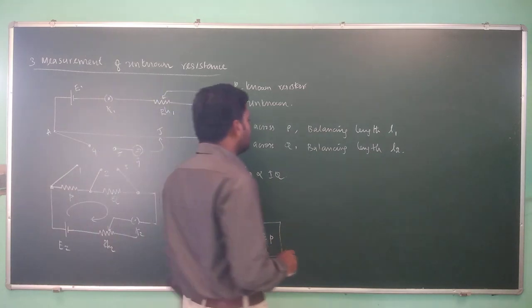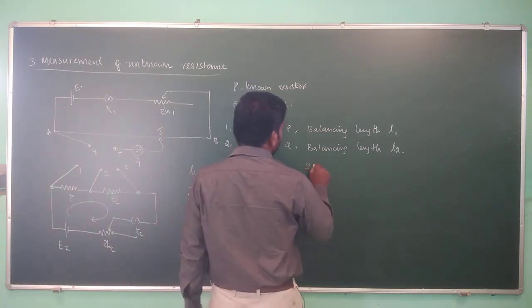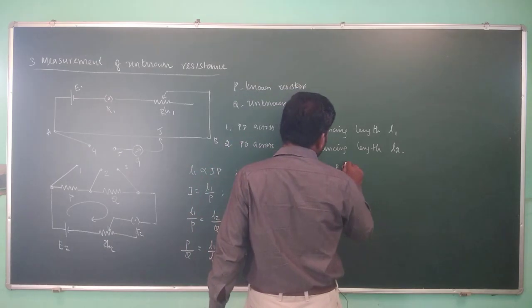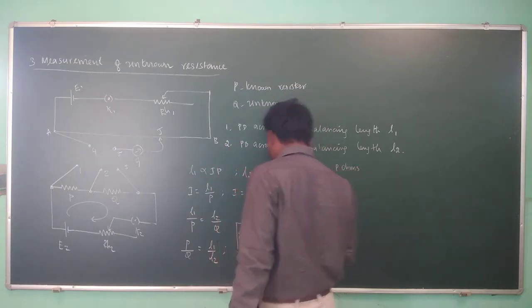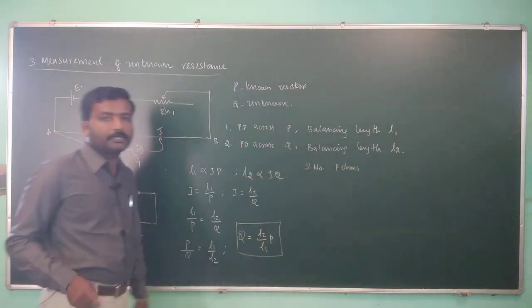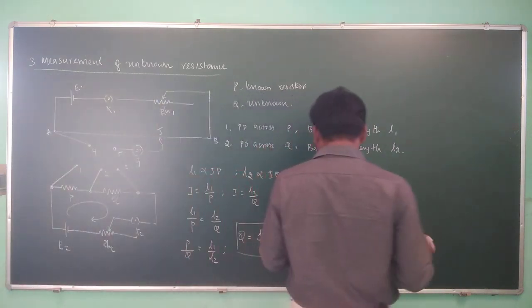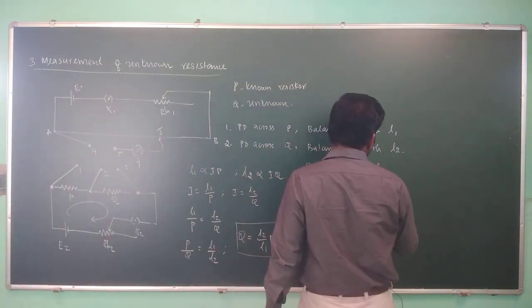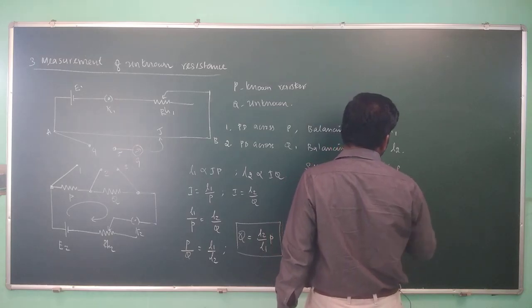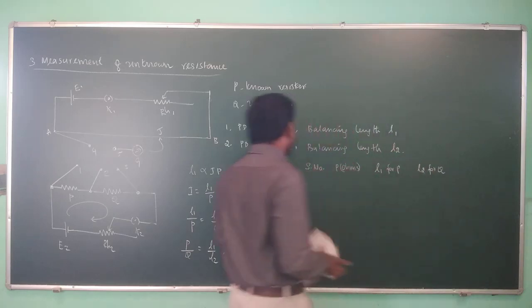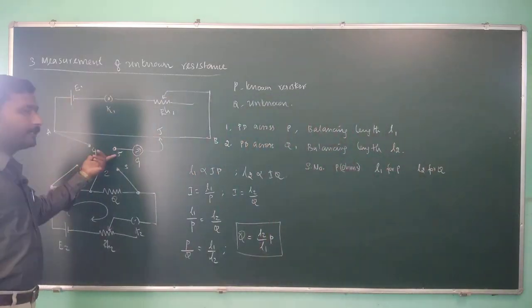How to do that? We can have a tabular column: serial number, then the value of P in ohms. We repeat this for different known values of P. Then the balancing length L1 for P, and the balancing length L2 for Q. When P is connected, we calculate the balancing length L1.